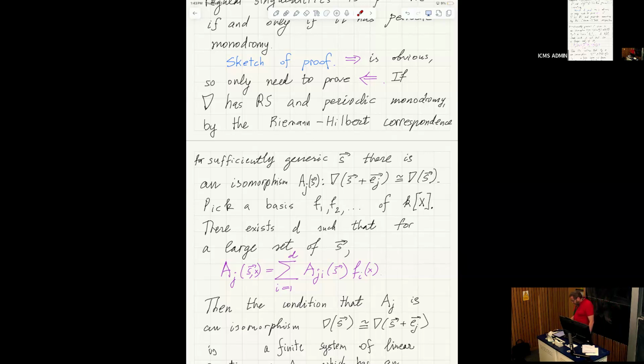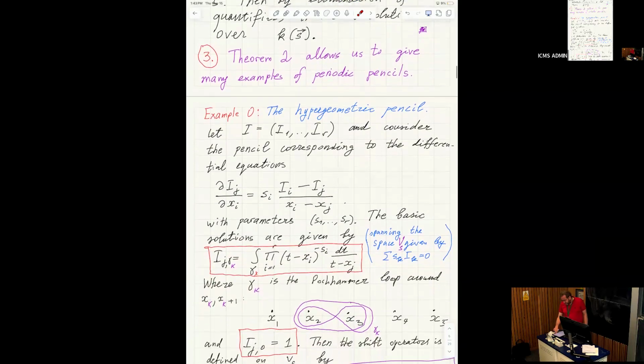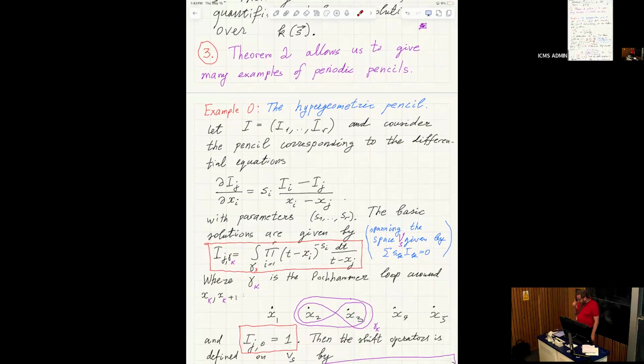And now some abstract nonsense, namely Chevalley elimination of quantifiers, implies that if this isomorphism exists pointwise for individual S, then there actually exists a rational function of S that evaluates to isomorphisms at almost every S. And this allows us to give many examples of periodic pencils, to show that there are actually many examples.